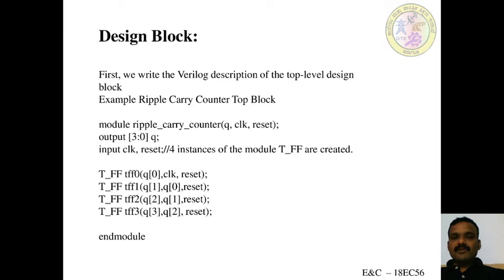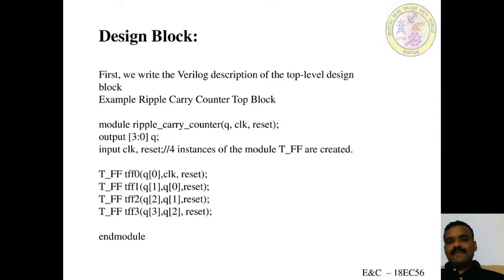4 instances of the module T flip-flop are created. We already know the circuit diagram for the ripple carry counter. So here T_FF, and small letter TFF0, Q of 0, comma clock, comma reset. Clock and reset are the inputs and Q of 0 is the output. So TFF0 is the instantiation of the T flip-flop.